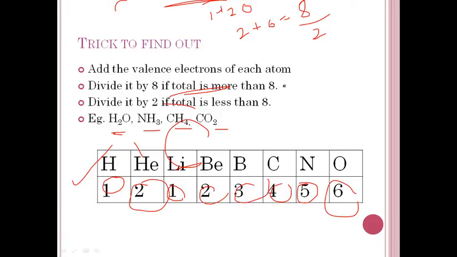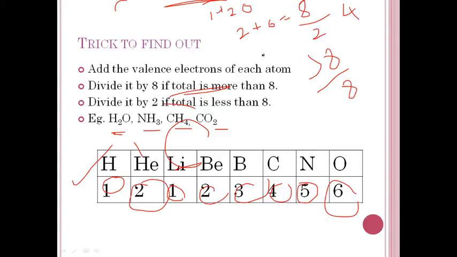So in this case, our total number is 8. So 8 by 2 is 4.